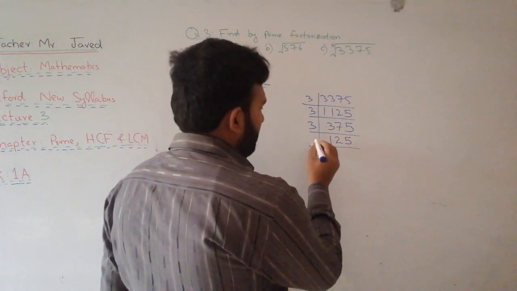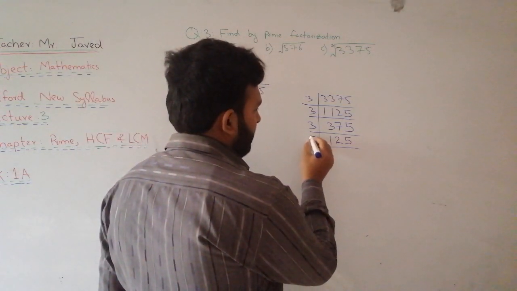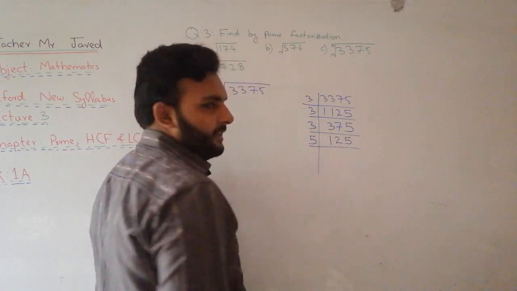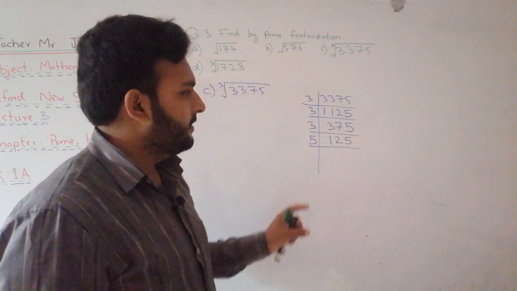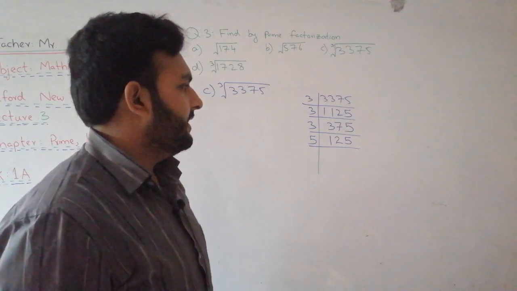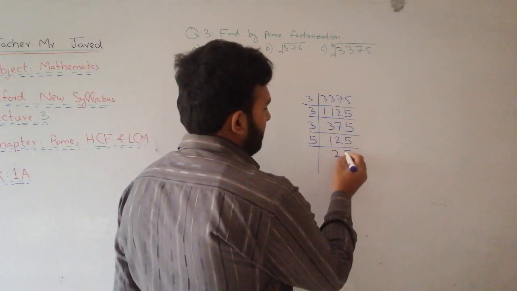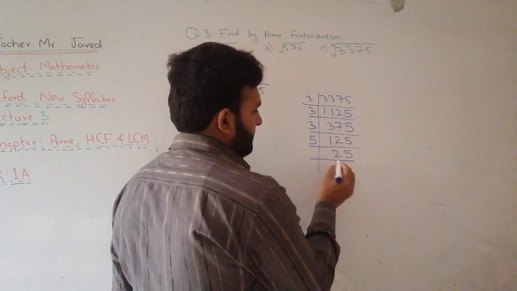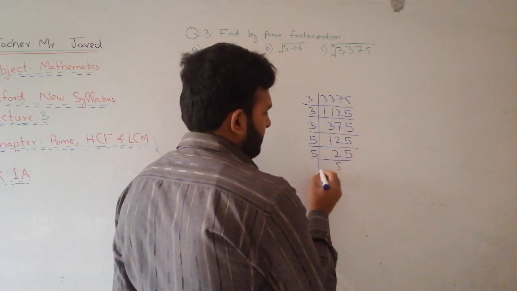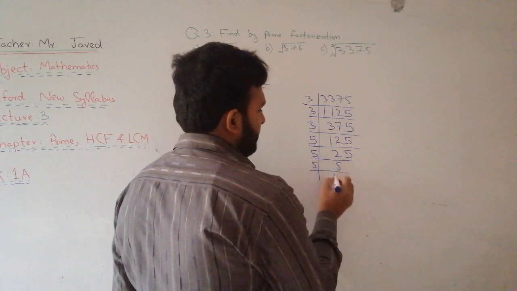Okay, so now we are going to divide by 5, because if there is 5 or 0 at the end, then the number will be divisible by 5. 5 times 2 is 10, 5 times 5 is 25, 5 times 5 is 25, 5 times 5 is 25, 5 times 1 is 5.